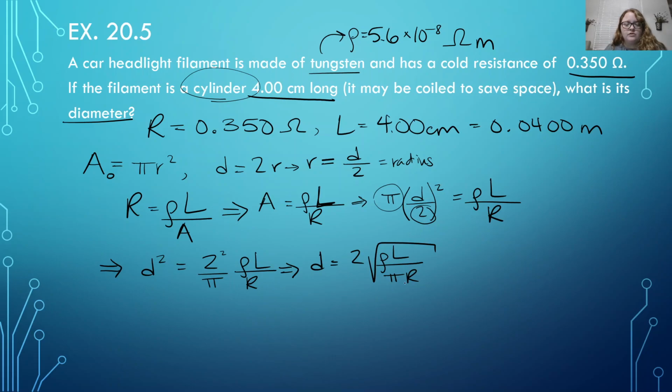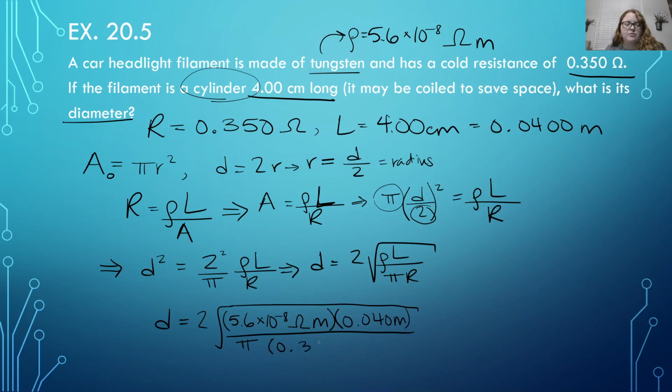All right, so now we can start plugging stuff in. So we've got D, our diameter, equal to 2 square root of rho, which is given up here, 5.6 times 10 to the negative 8th ohm meter, times our length, which is 4 centimeters or 0.04 meters, divided by pi times our resistance, which was given to us as 0.350 ohms.